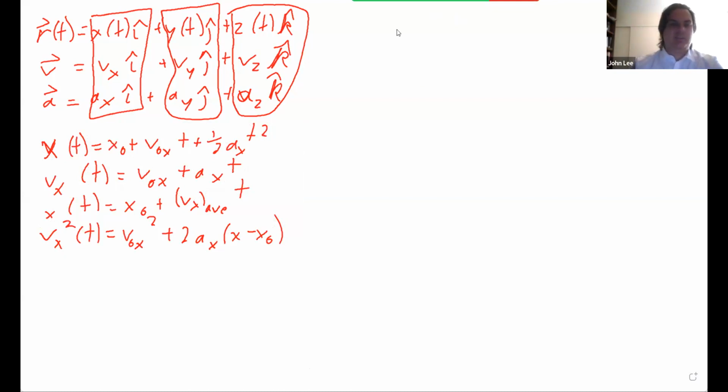What this also means is that we're talking about velocity and acceleration in a two-dimensional system where y of t is what we're worrying about instead. Then we can use the equations y of t equals y naught plus v naught y t plus 1/2 ay t squared.